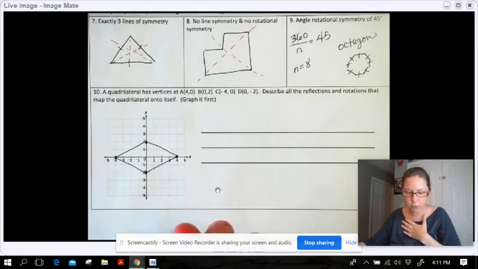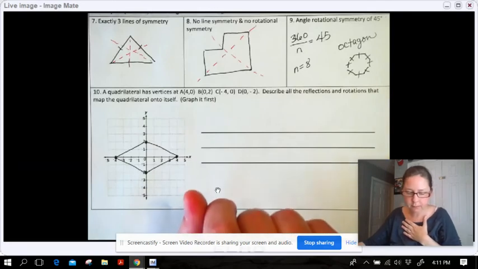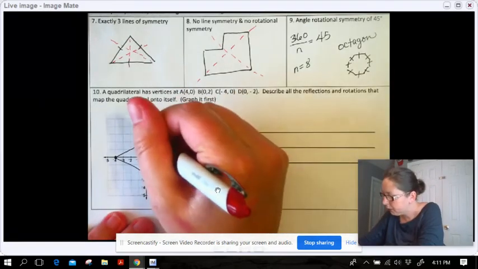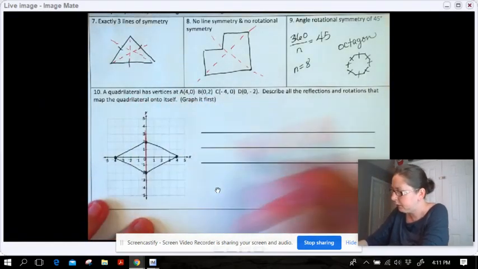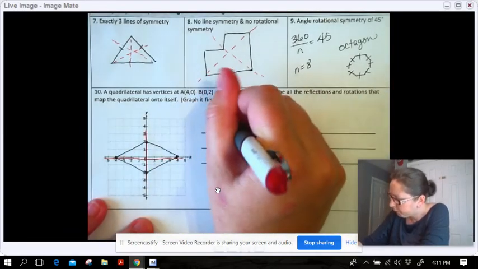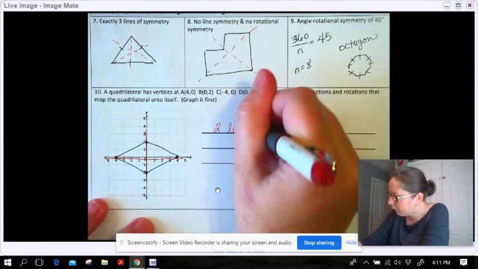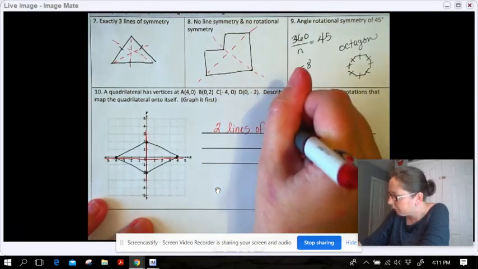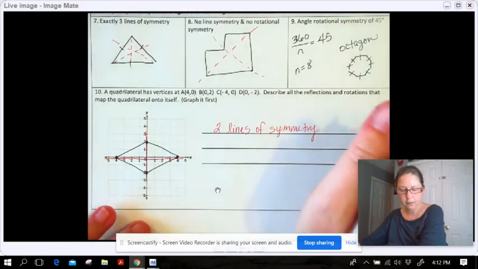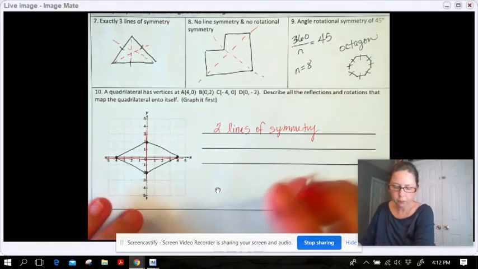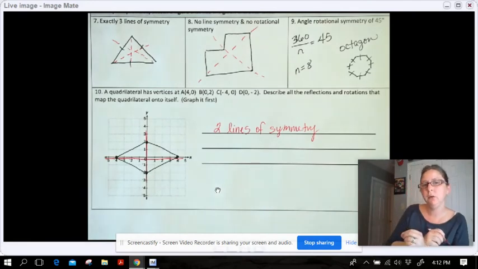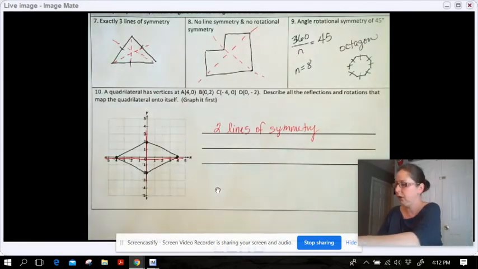All right, so we are going to say that this has 2 lines of symmetry. Here's a line of symmetry, and here's a line of symmetry. All right, and then how many degrees would I rotate this around so that it looks exactly like itself again?